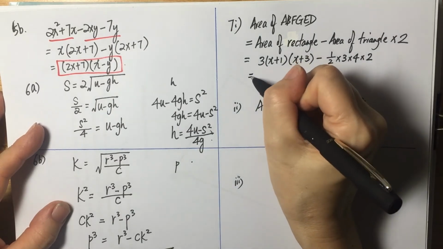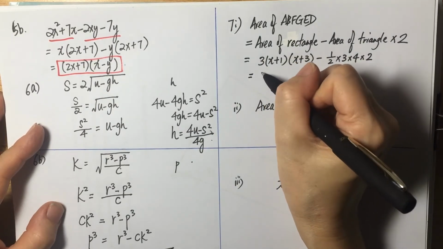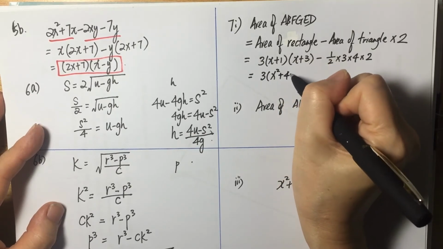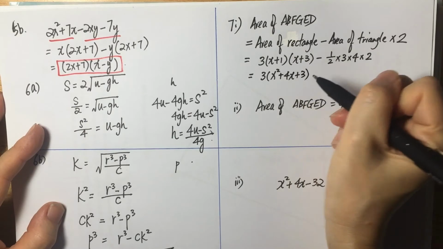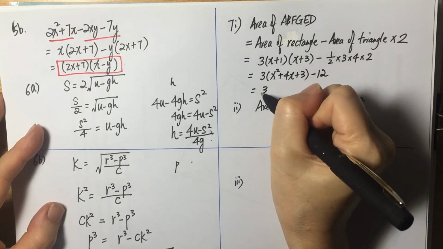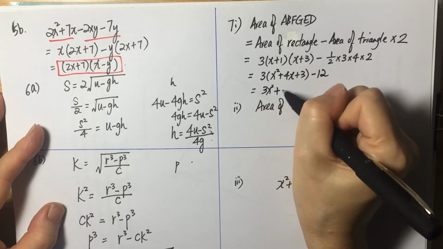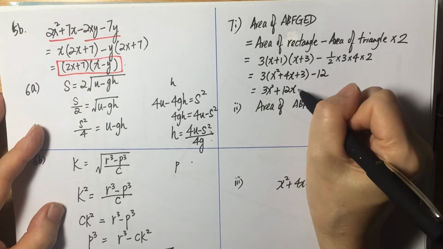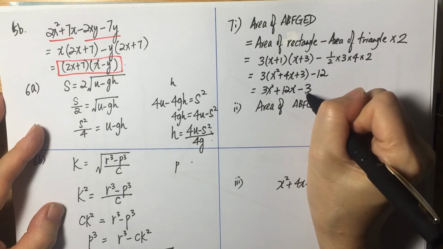So now I have 3 times x squared plus 4x plus 3, minus away 12. So I have 3x squared plus 12x plus 9 minus 12, so it's minus 3.